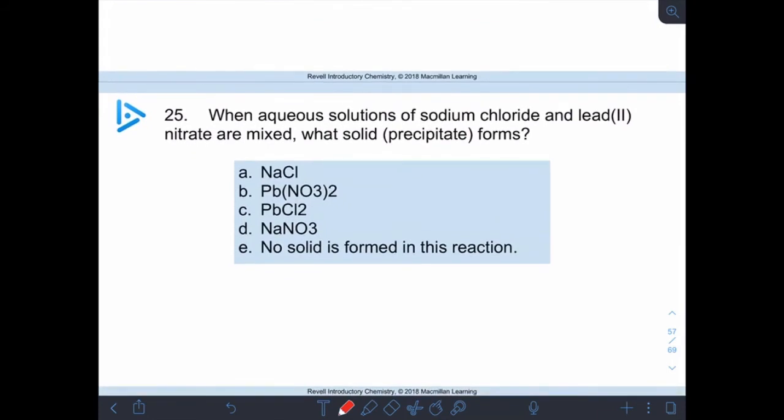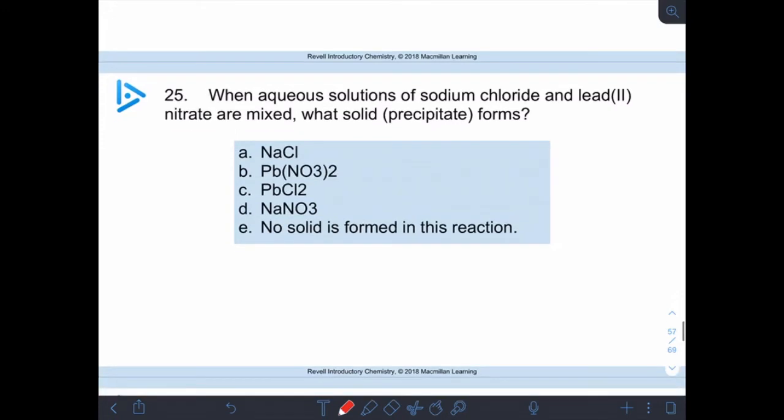Okay. When aqueous solutions of sodium chloride and lead 2 nitrate are mixed, what precipitate forms? So this will be challenging your nomenclature. So we have an aqueous solution of sodium chloride, and an aqueous solution of lead 2 nitrate. Okay.